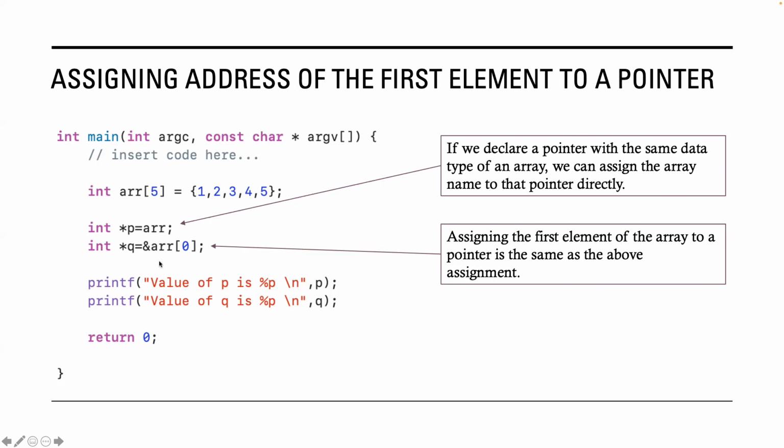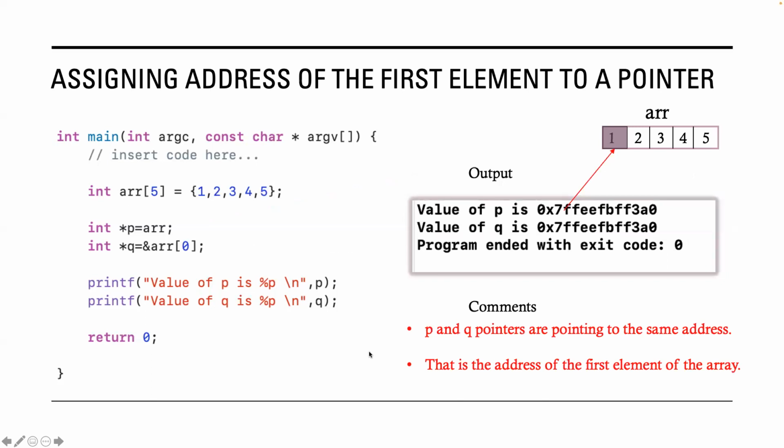One is called P, and the other one is called Q. So here I assign ARR, the array name, to this pointer P, and here I'm assigning the address of the first element of the array to the pointer Q, and I'm printing the values of both P and Q.